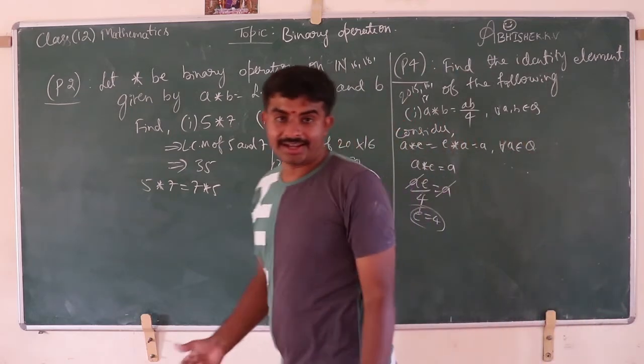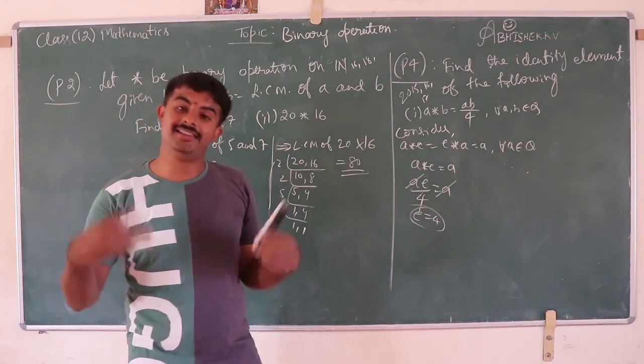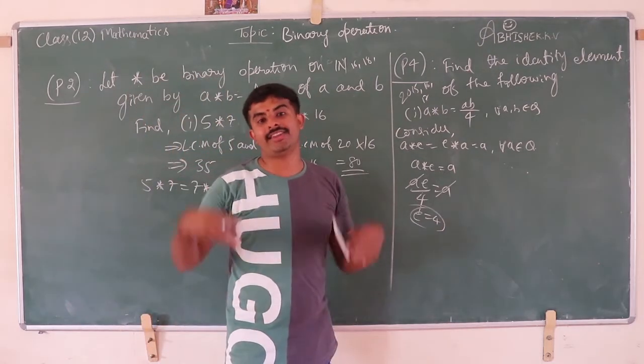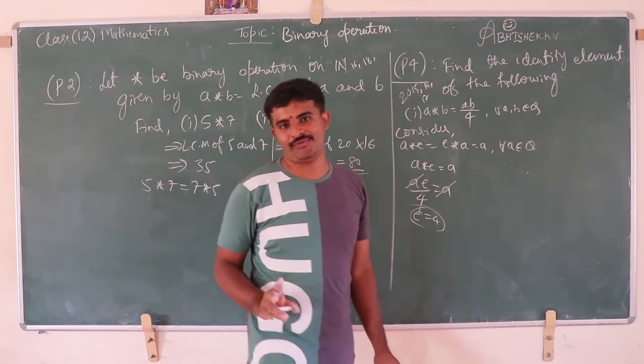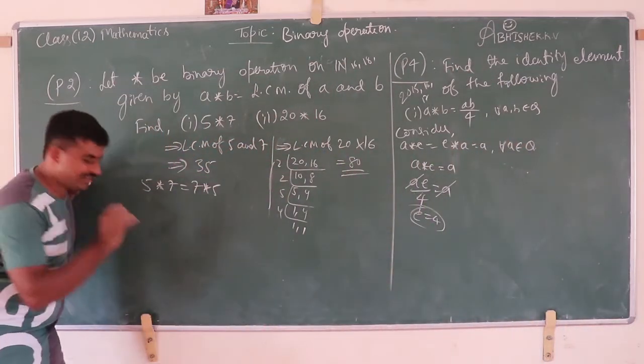And with this, we completed the last subtopic, binary operation, and successfully completed the whole first chapter, relations and functions. Here we learned a total of 5 subtopics.